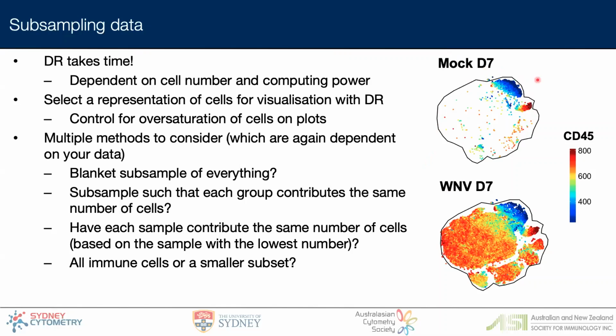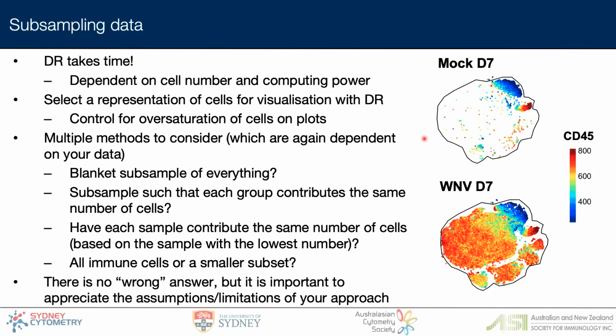If you made it such that each group contributed the same number of cells, again, that would put more bias on the uninfected cells. Or you could have it such that each mouse contributed the same number of cells. And I think the key thing here is that there's not necessarily a wrong answer, but it really is important to just appreciate how this will impact your output results here.